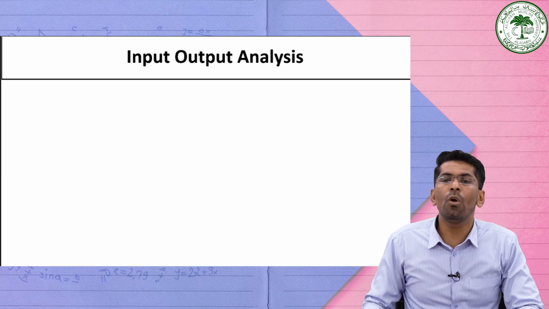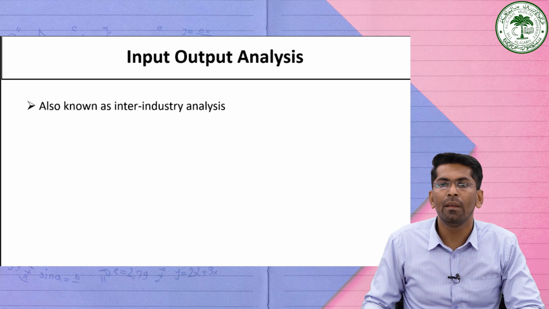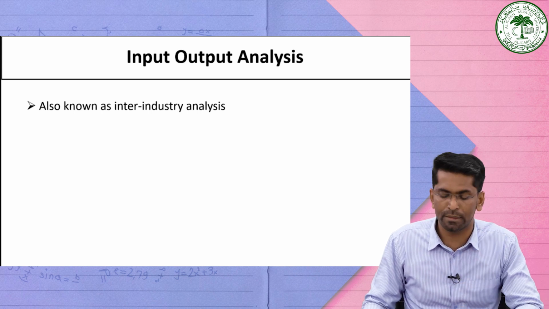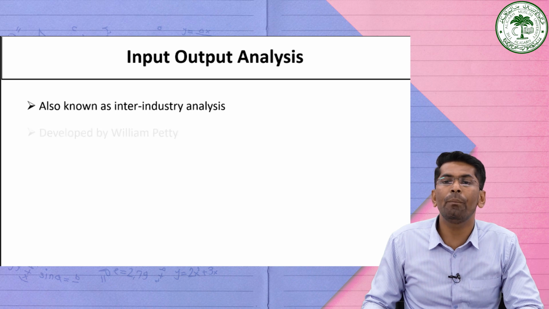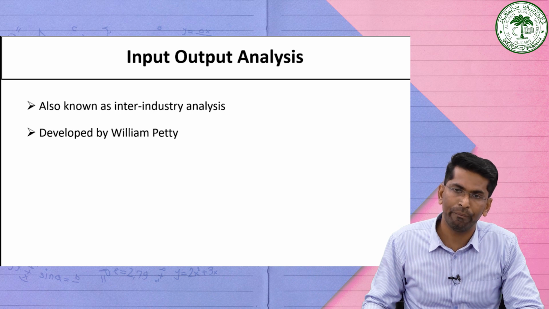Input-output analysis is also known as inter-industry analysis. The original idea can be traced back to the early work of the British physician and Oxford professor William Petty, in the mid 19th century.